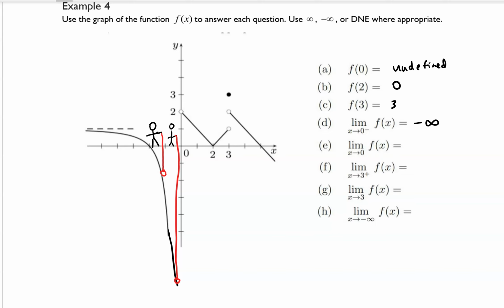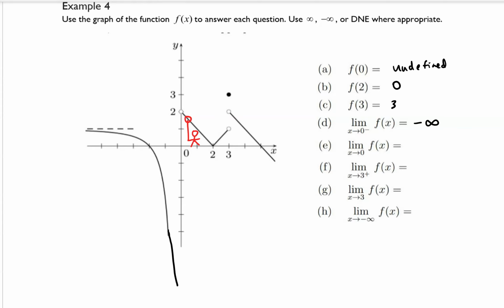Okay, so in order for the limit to exist, it has to approach the same value from the left-hand side and from the right-hand side. Notice that here we're asked to find the limit as x approaches 0 of the function. If I drew my little kid with their balloon, and this said from the right, then the value would be 2 because the y value is getting closer and closer to 2.